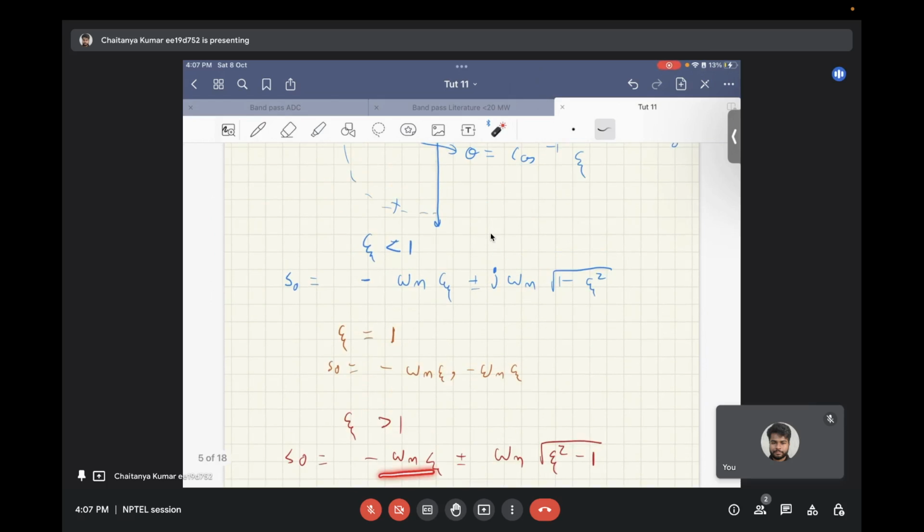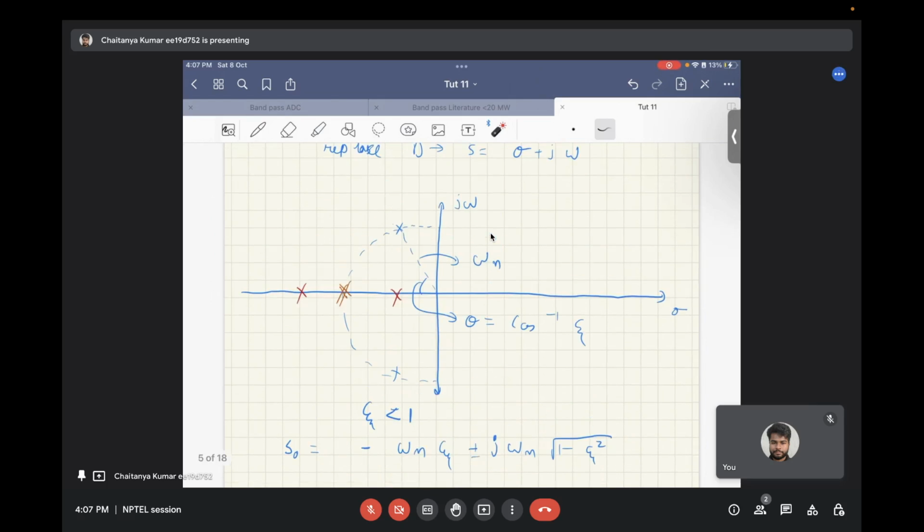So the values of these poles are minus omega n zeta plus minus omega n times root under zeta squared minus 1. Now since zeta squared is greater than 1, this quantity is real and this complete quantity is also real.